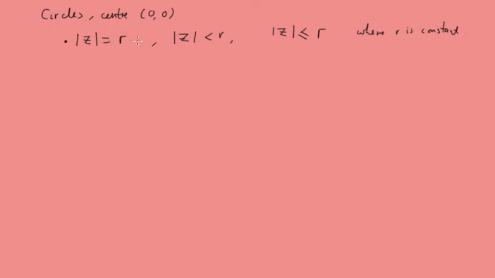So in this case, we're looking at the length of the position vector representing this complex number z, which is this constant number.